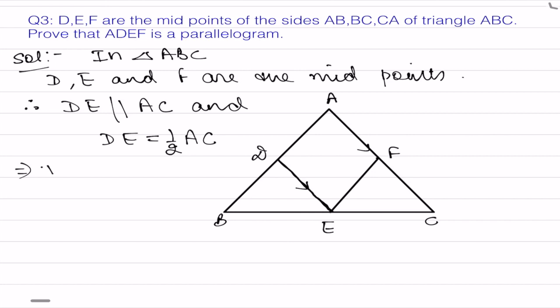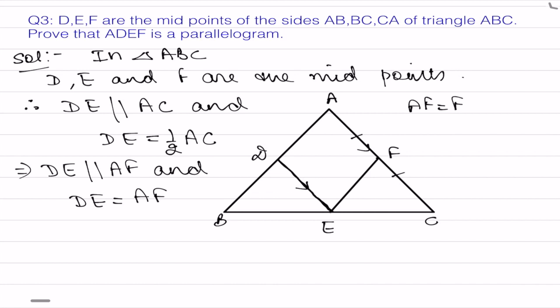So DE is parallel to AF and DE is half of AC. So what is the half of AC? AC half is AF and FC. So according to our requirement, I will pick up half of AC is AF. Because F is the midpoint, therefore AF and FC both are equal, and both are half of AC.